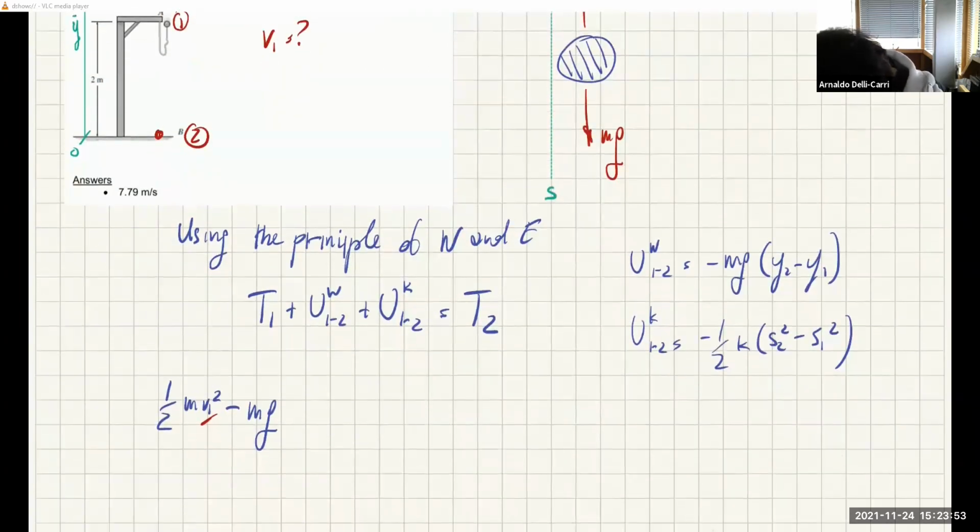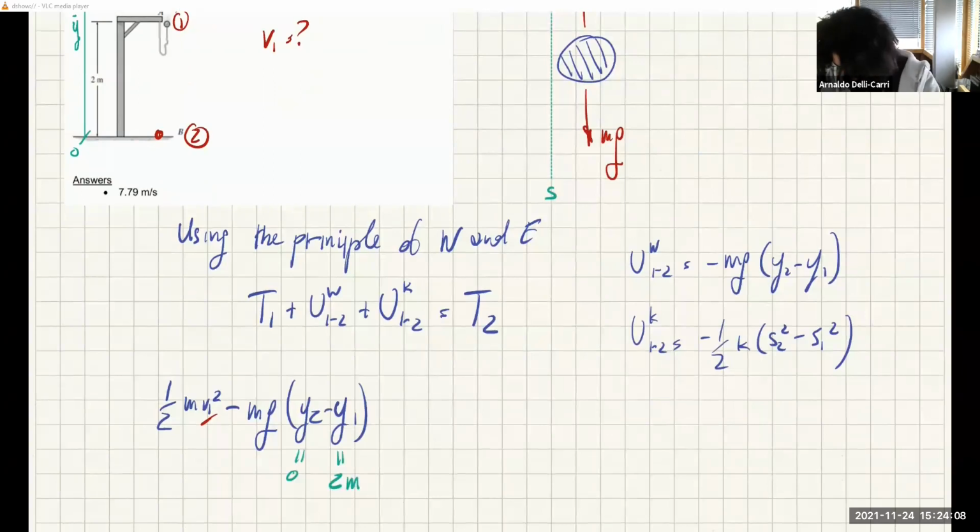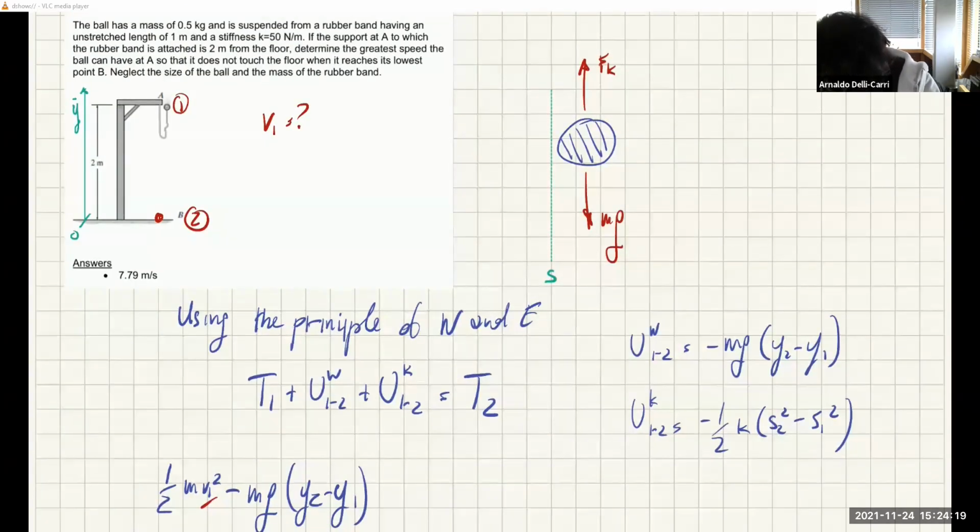In this case, we have y2 minus y1, for which y2 is 0 meters and y1 is 2 meters. And as you can see, the work is positive because y2 is 0, y1 is 2 meters, but there's a negative sign. So this becomes a positive value because we know that this is going in this direction. And so the work done by the weight force is positive, as I was saying.